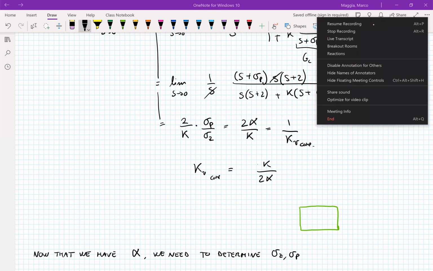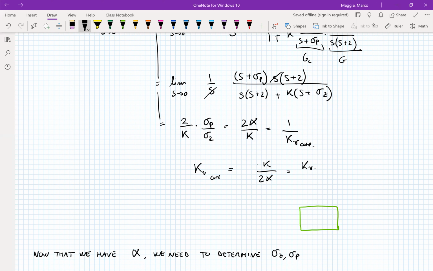The k over 2 is the velocity constant for the uncompensated system. So we have that kv for the compensated is equal to kv for the uncompensated divided by alpha. And therefore, we have that 20 has to be equal to 5 halves times 1 over alpha.